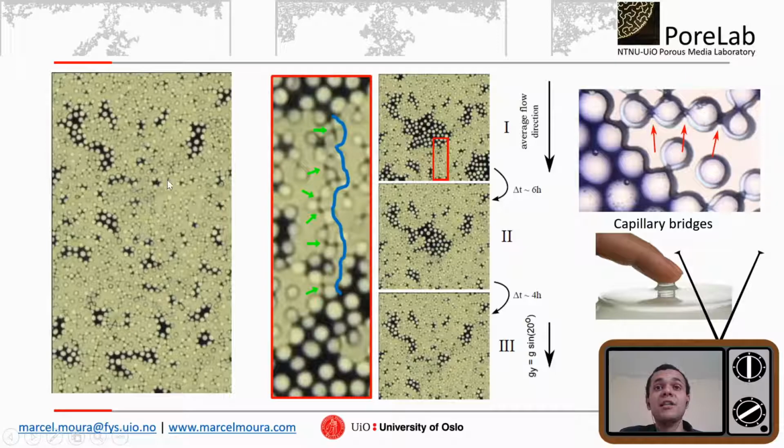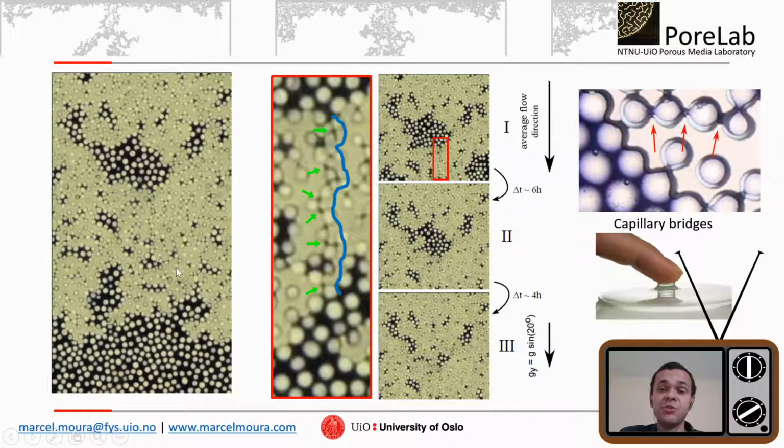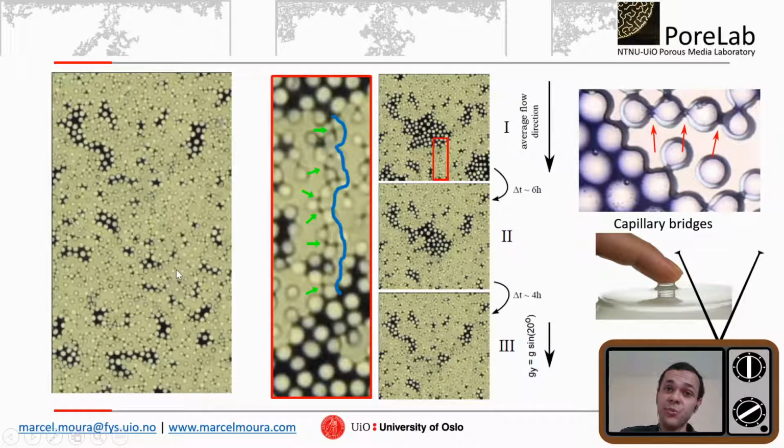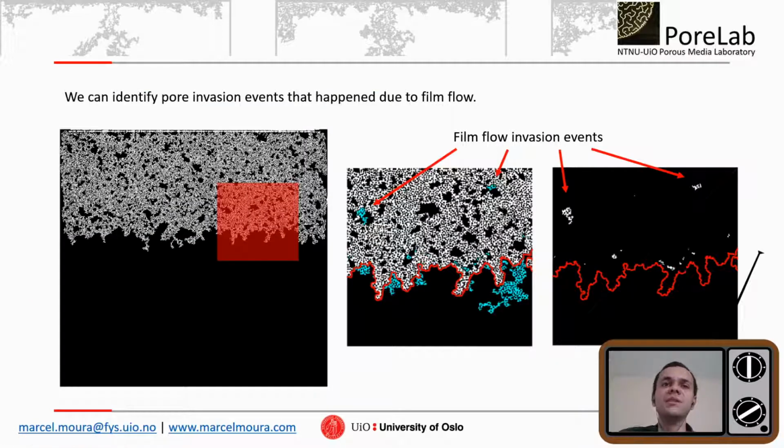There are other mechanisms that can lead to drainage other than the usual transport through the regular network of pore bodies and pore throats. So that sentence, that transport happens along the network of pore bodies and pore throats, changes to: it happens mostly along a primary network of pore bodies and pore throats, but a smaller part of the transport also happens along a secondary network of capillary bridges and thin liquid films. That's the kind of thing that we study here.